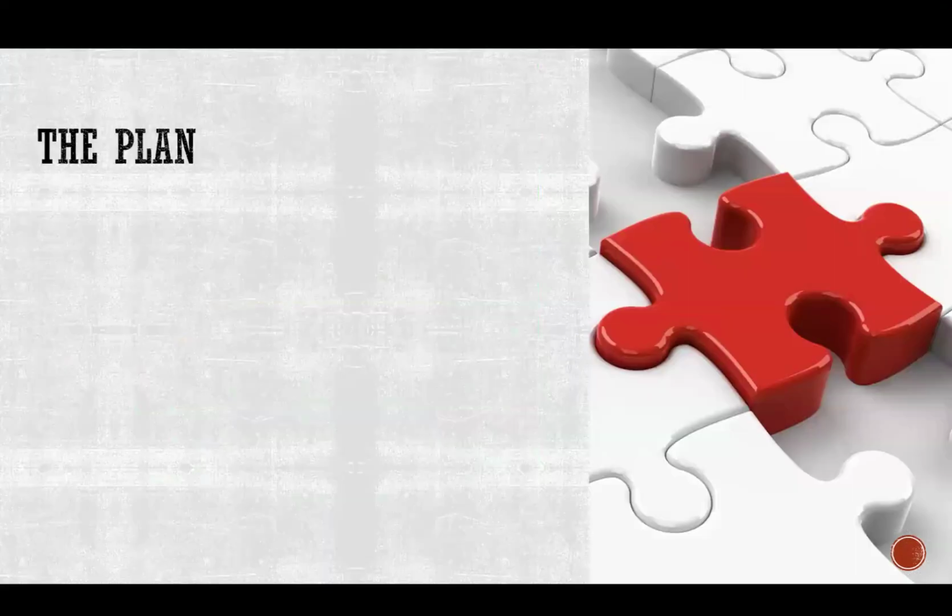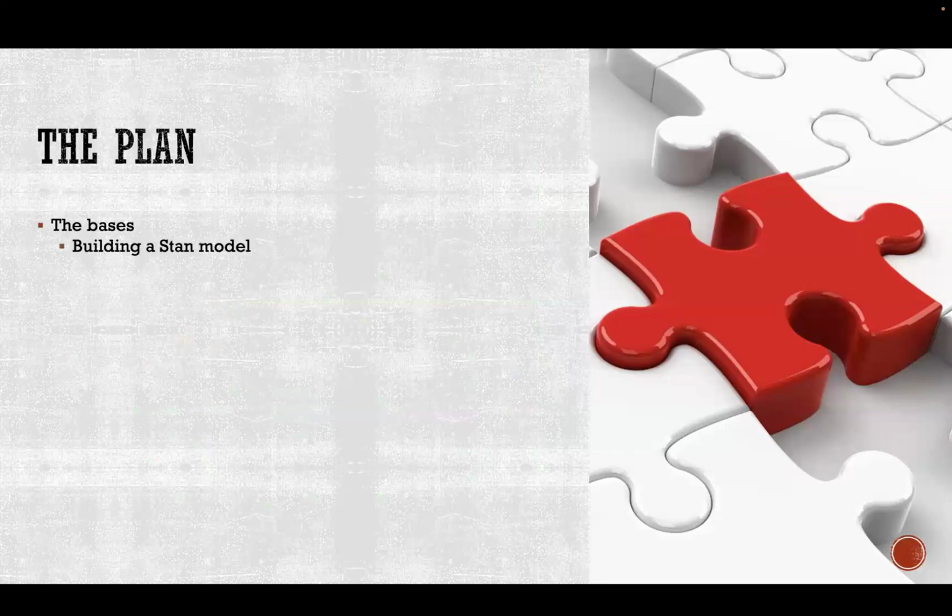So what we're going to do today is, for those of you, most of you, who were at the class last week, we did an improvised live coding of a reinforcement learning model in Stan.